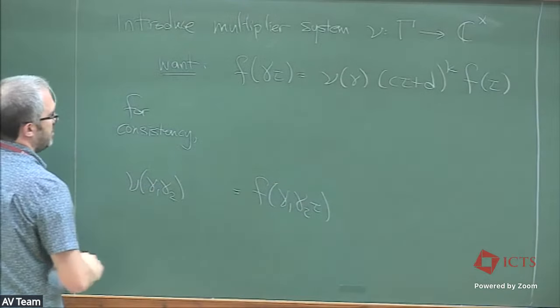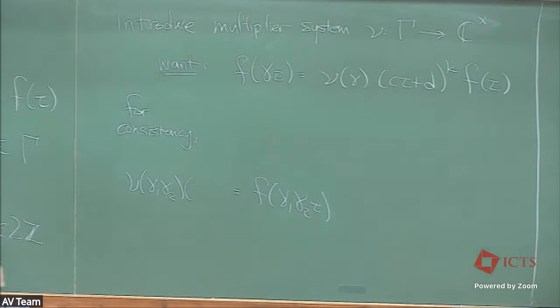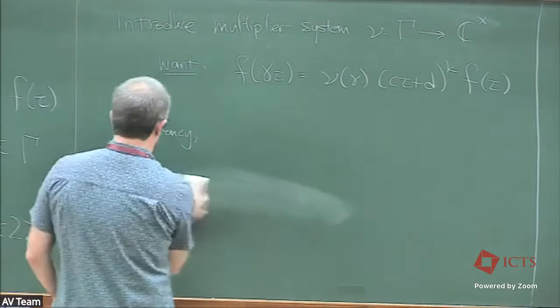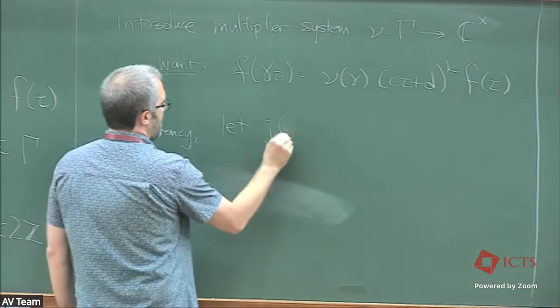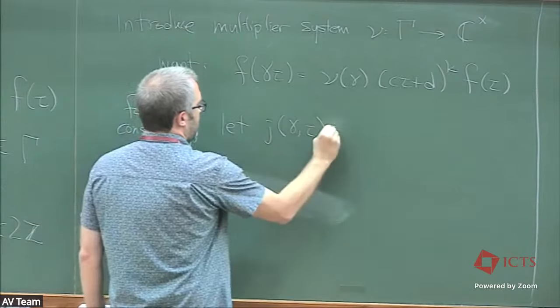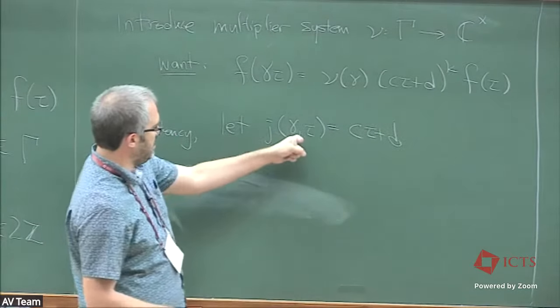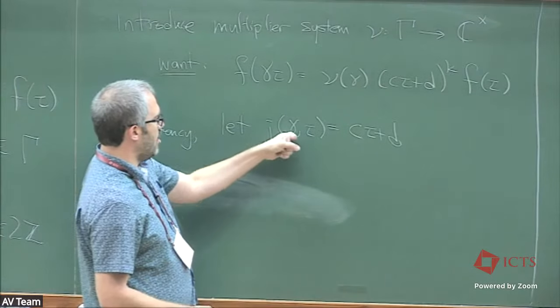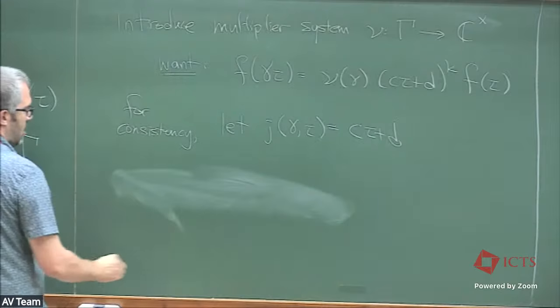Oh, I did not leave myself enough room. Let's fix that. Also, let j of gamma tau be the function c tau plus d. It just reads off the c and d from the bottom row of gamma and then puts in the tau. Okay, let's try that again.